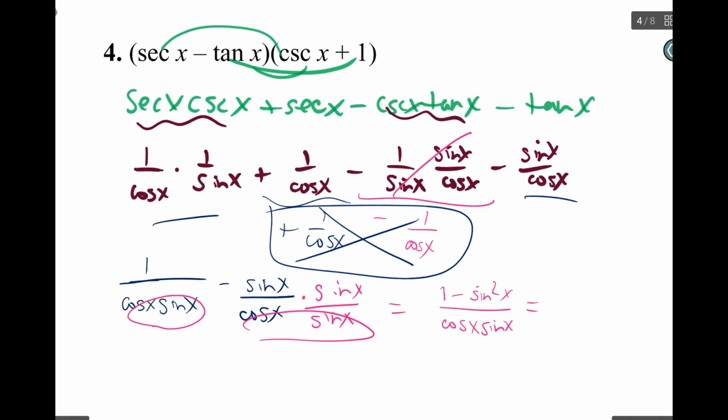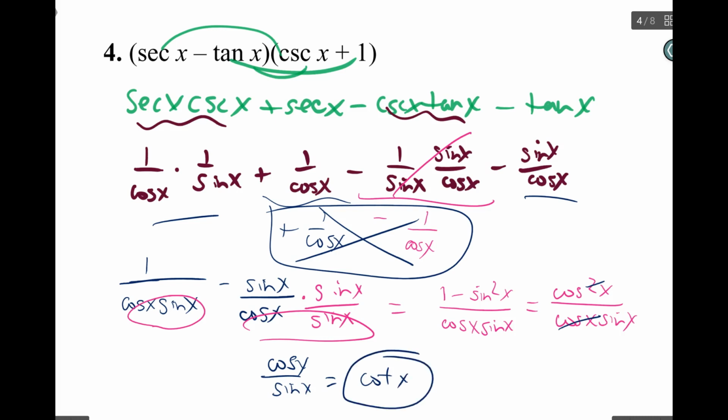So this top part, 1 minus sine squared x, is the same thing as cosine squared x by the Pythagorean identity. And the bottom is cosine x sine x. So I know one of my cosines on the top will cancel out with the one on the bottom. Oh wait, so then I just have cosine of x over sine of x. That's equal to cotangent of x. Cool.